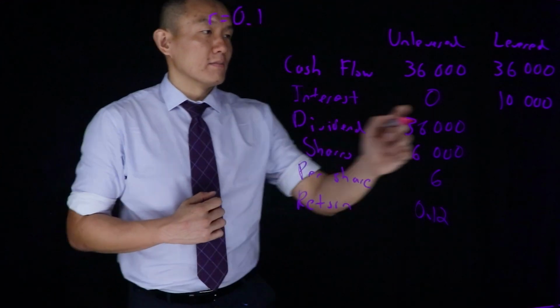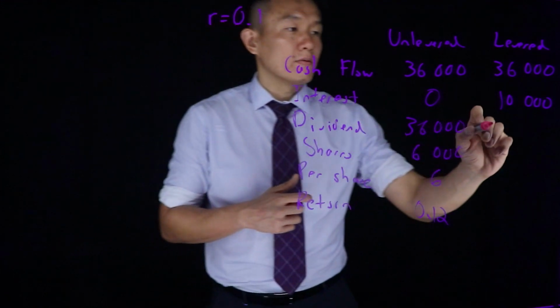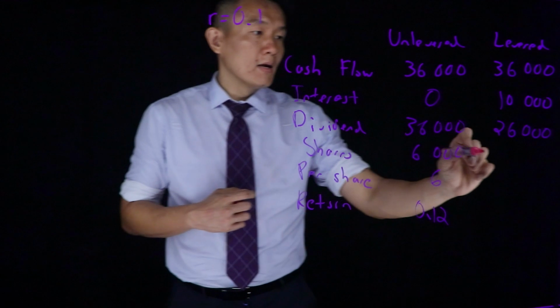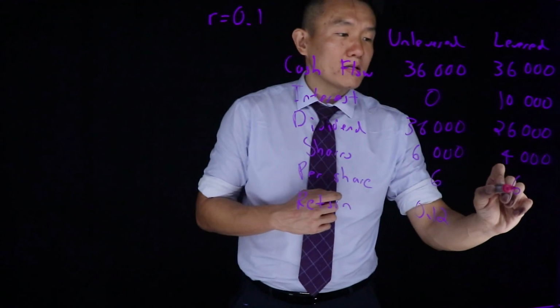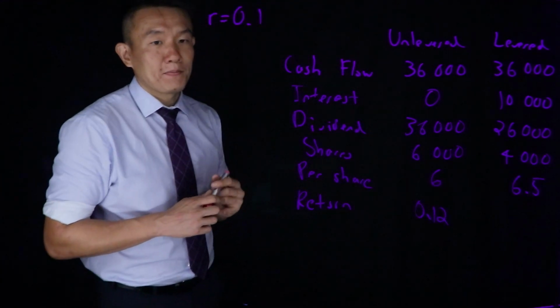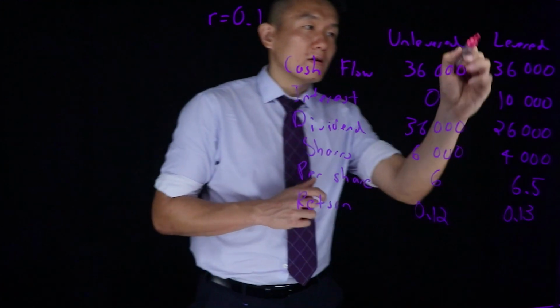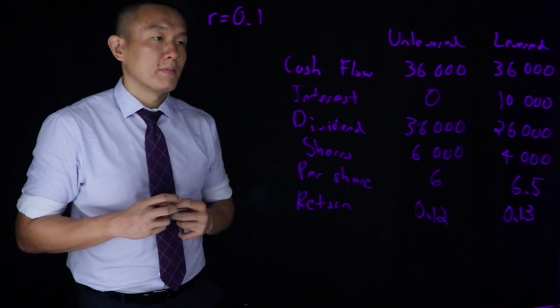For the levered firm, because it has to pay out this 10,000 in interest first, there's only 26,000 left over for shareholders, but there's only 4,000 shares outstanding, which means that each share receives 6.5. This means that the return is actually higher in the levered firm.